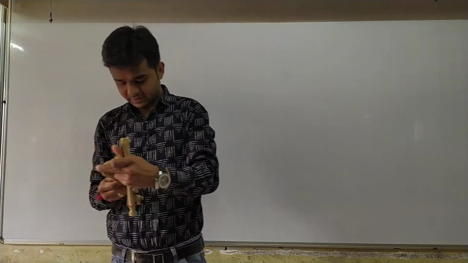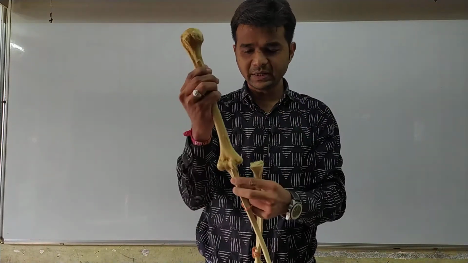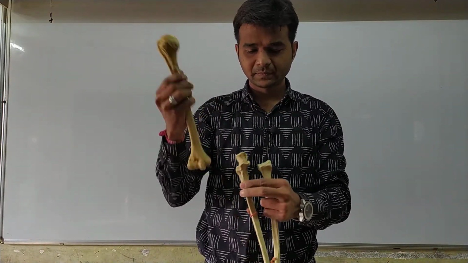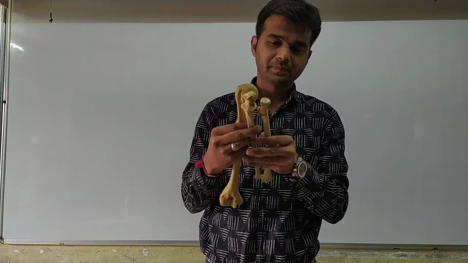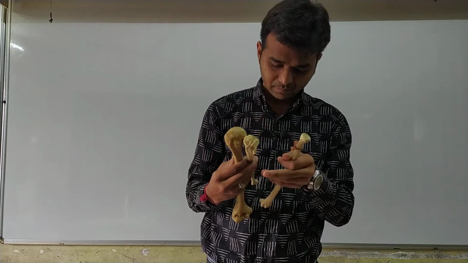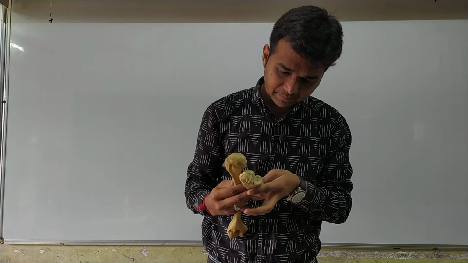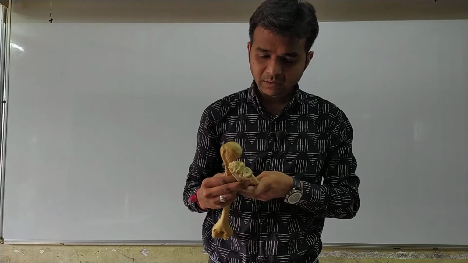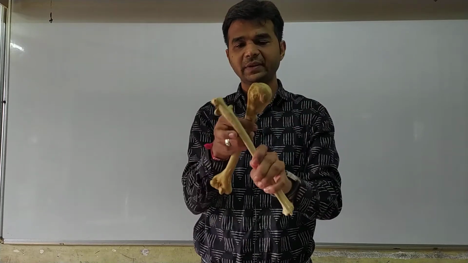Here, see, this is the ulna on the little finger side, and this is the radius. So actually here the radius and ulna both are joined together in this way.